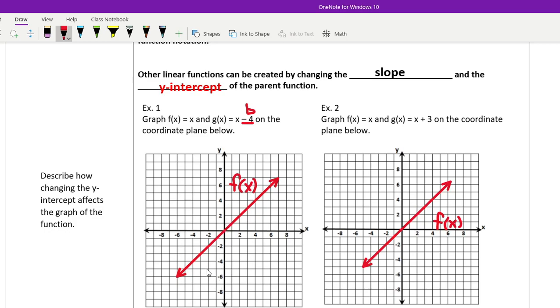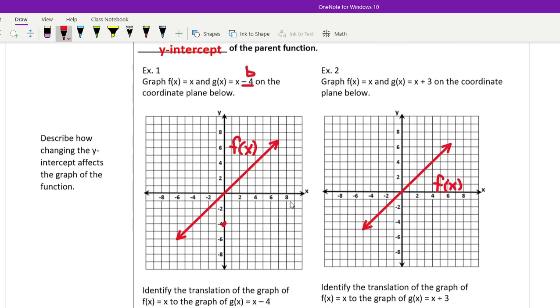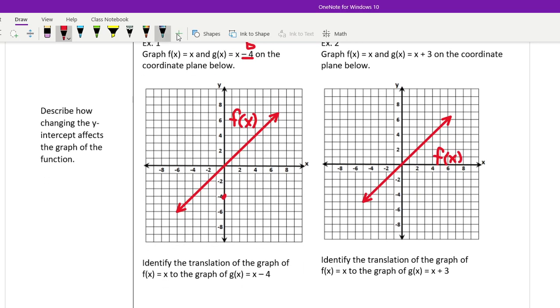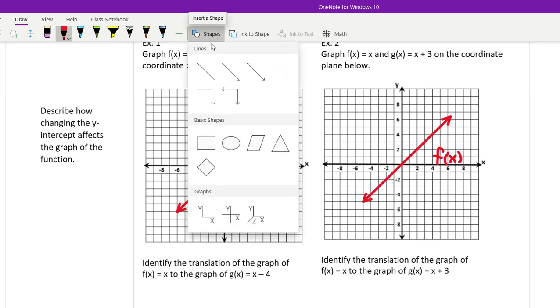The slope's not changing, so I know my slope will still be going up 1 and over 1, but I now know that my start has to be at -4. The location, 0, -4. So I know my location has to be here. Now, following the rule of up 1 over 1, we can start creating our line.